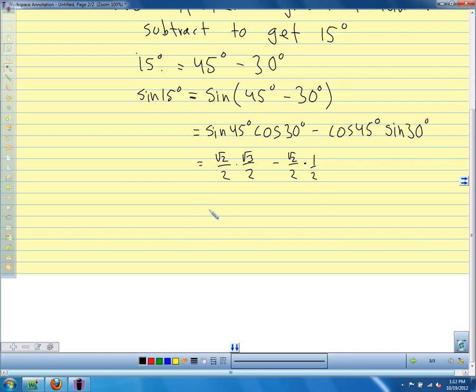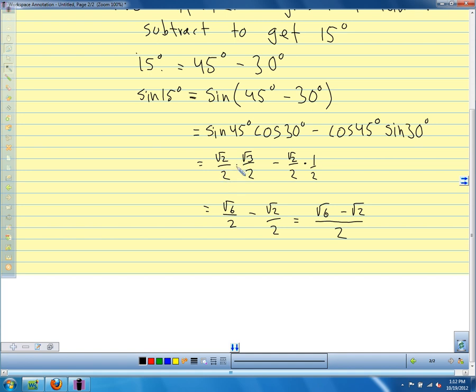So we have the square root of 6 over 2 minus the square root of 2 over 2. Now we can't say that the square root of 6 minus the square root of 2 is square root of 4. It doesn't work that way. So we just write this as square root of 6 minus the square root of 2. Oh, and I messed up here.